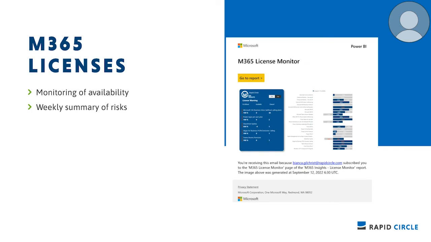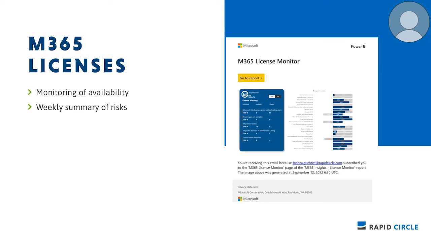But also one of the features we've added very recently is a license monitoring report, which effectively sends you an email every Monday morning with the weekly summary of the licenses, but also highlights the licenses that are at risk. So where you've got, for example, a certain quantity of licenses, if you're within a certain threshold, it will be flagged as at risk.